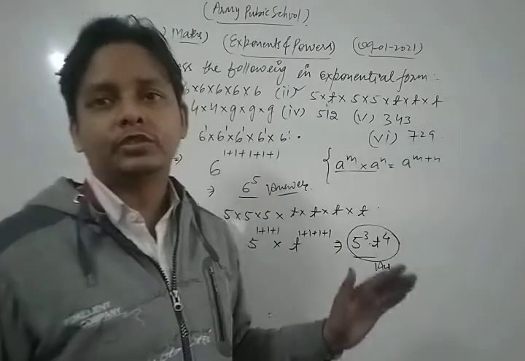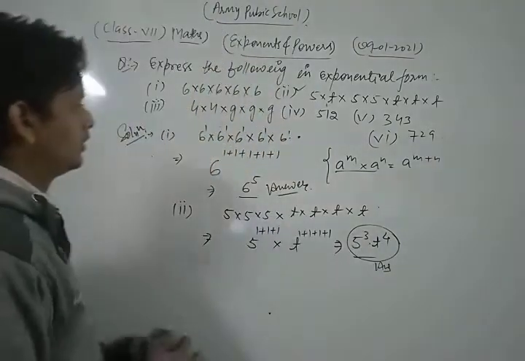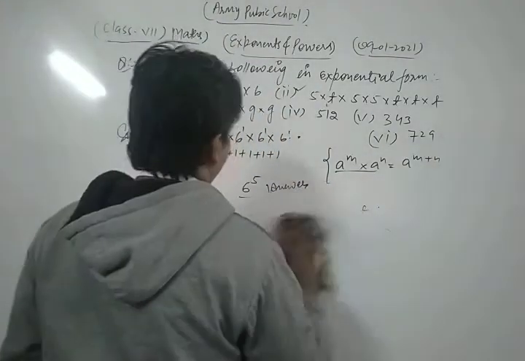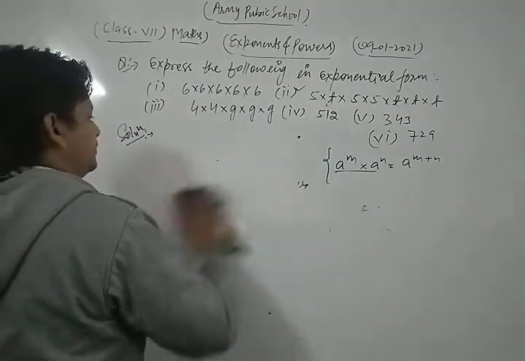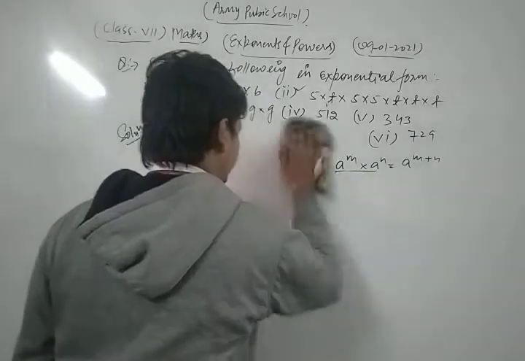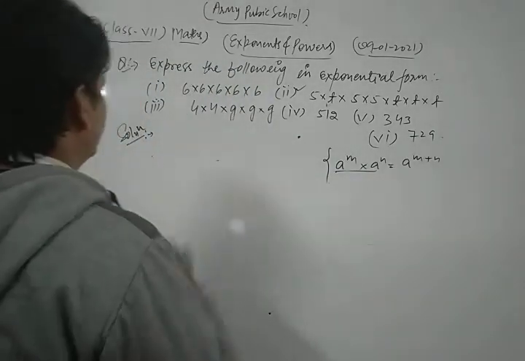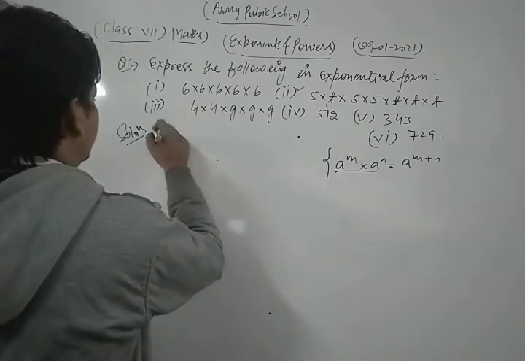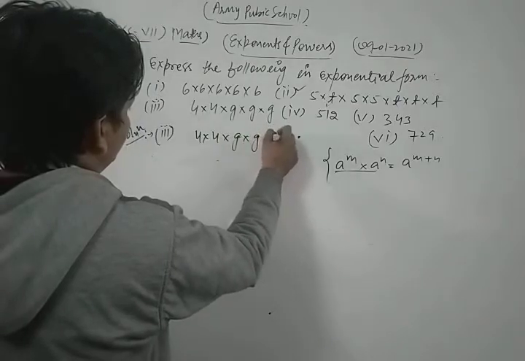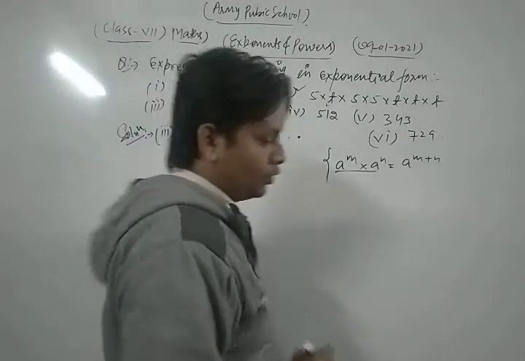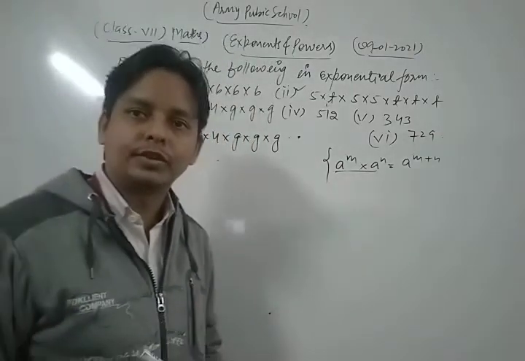Now similarly, dear students, we take and solve the next part of this question. Now we solve the third part, which is 4 into 4 into g into g into g. Now listen, here again we apply the laws of exponents. The first law of exponents is what?